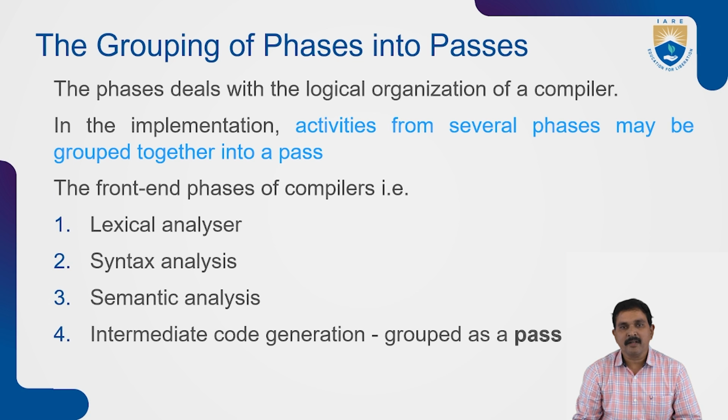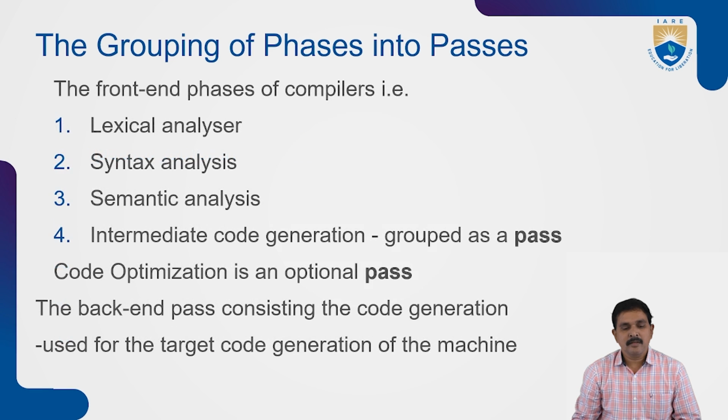In the implementation, activities from several phases may be grouped together in a pass. So the front-end phases of the compiler are lexical analyzer, syntax analysis, semantic analysis, and intermediate code generation, grouped as a pass. These 4 phases, from lexical analyzer to intermediate code generation, can be defined as a single pass.